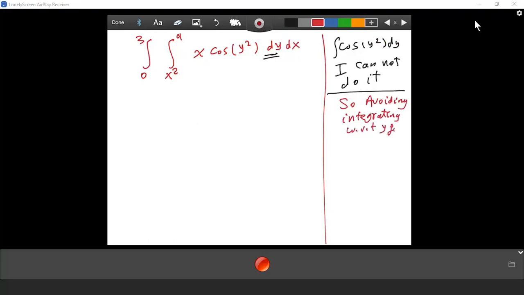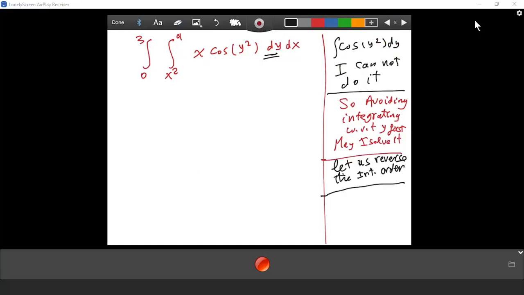May I solve the problem? Let's reverse the order, right? So let us reverse the integration order. Yes, to reverse the integration order, you have to do what?